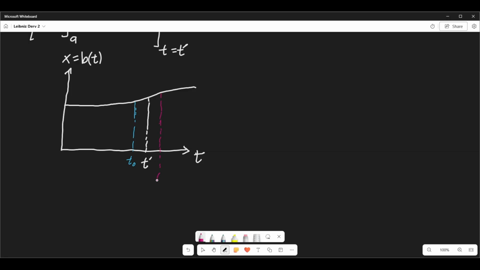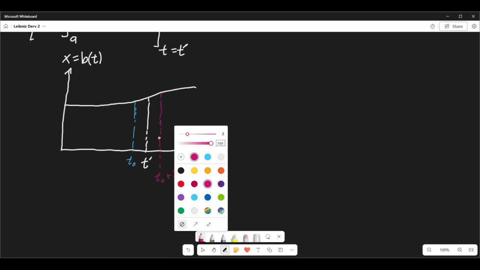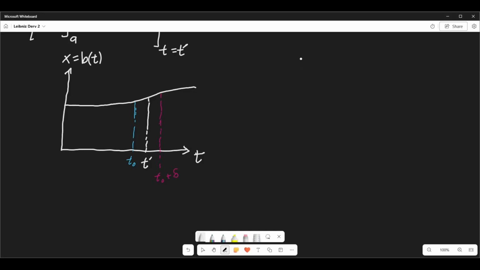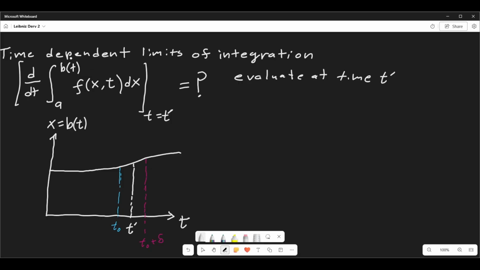This is at t naught. Some scale delta, which is a scale in time. So the important thing is that the derivative d by dt that is affected by the motion of the boundary, the derivative only takes place in an actually infinitely small time scale. So for starters, this time scale is going to be defined as this finite time scale delta.